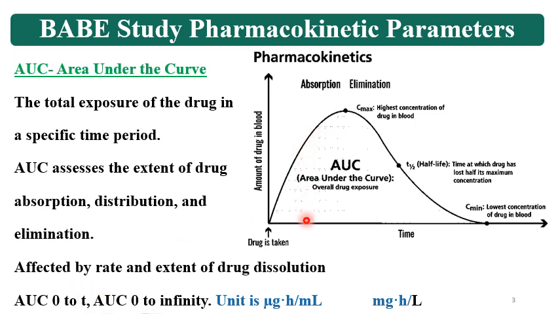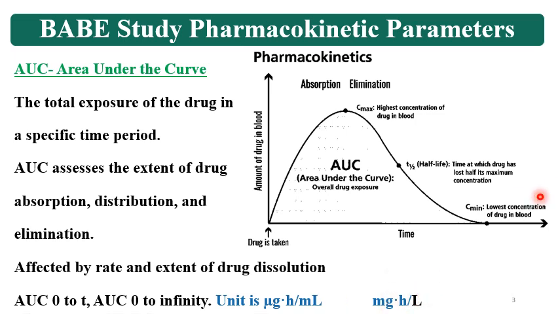So if you take a time point like 1 hour, 3 hours or 8 hours, then you can get the AUC up to that point, that is AUC 0 to t, and AUC 0 to infinity. Infinity means that the last observed concentration from the blood sample is taken, and the remaining part is extrapolated from the rate of elimination, called the elimination rate constant. That I will cover in the upcoming videos. Its unit is generally μg per hour per ml or mg per hour per liter.